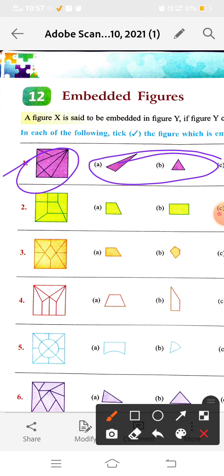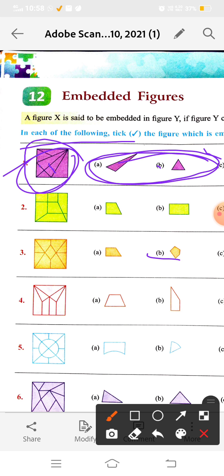A figure X is said to be embedded in a figure Y. It means figure X can be fixed in figure Y. If figure Y contains figure X as its part, then in each of the following, tick the figure which is embedded in the given figures.